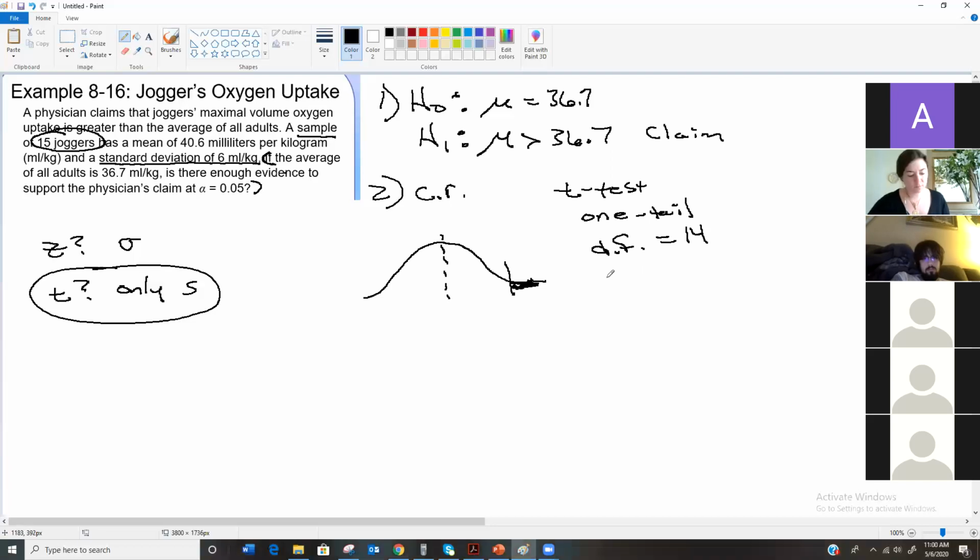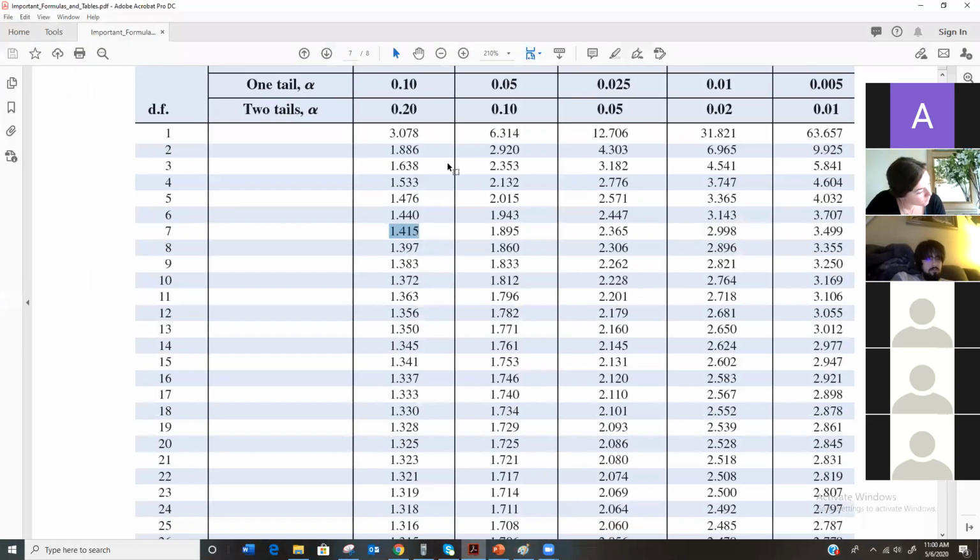And then we need to know the alpha, which is 0.05. So alpha 0.05, one-tailed, 14 degrees of freedom. You get 1.761, I think. Okay, 0.05. Yep, that looks right to me. So we've got alpha 0.05, 14 degrees of freedom, 1.761.